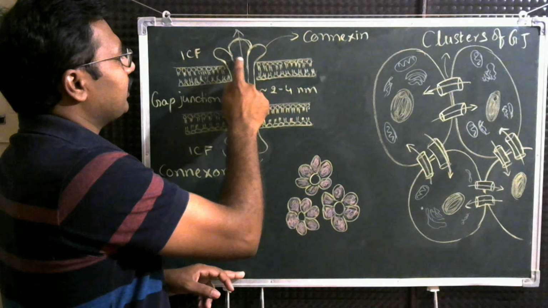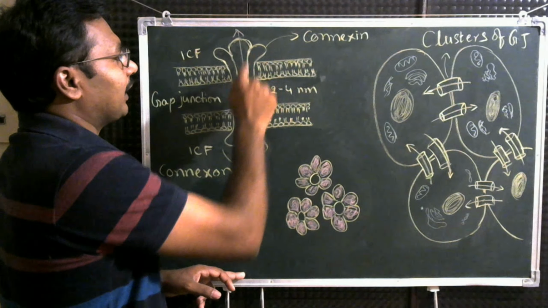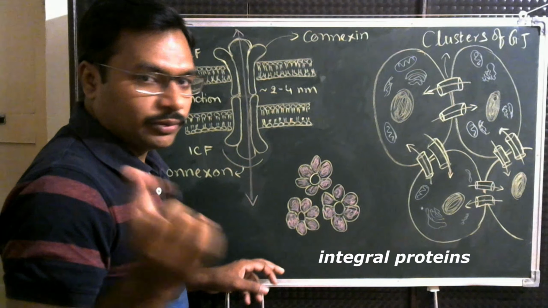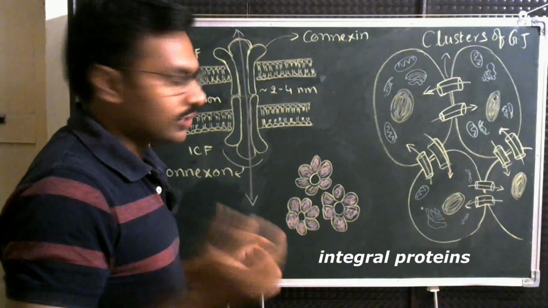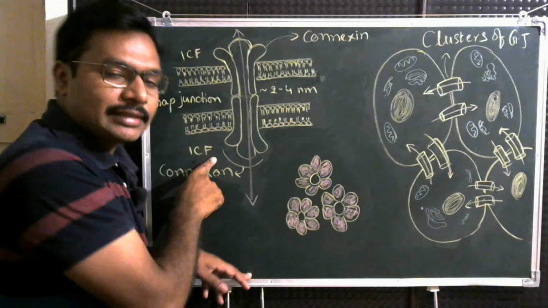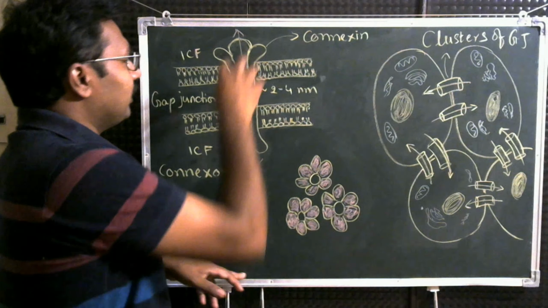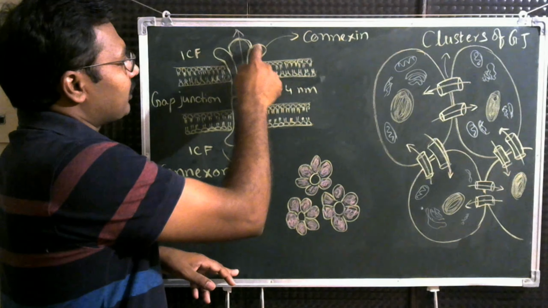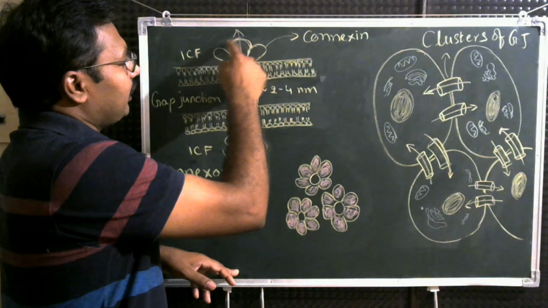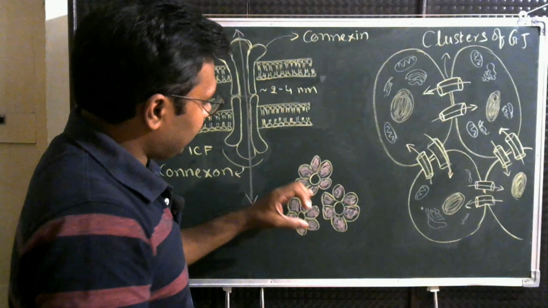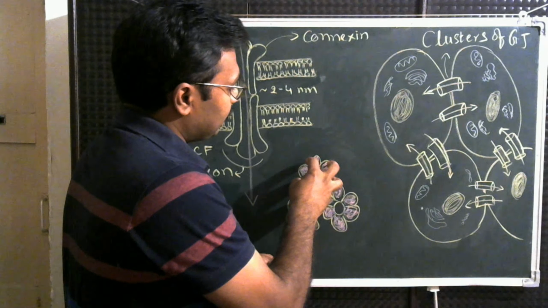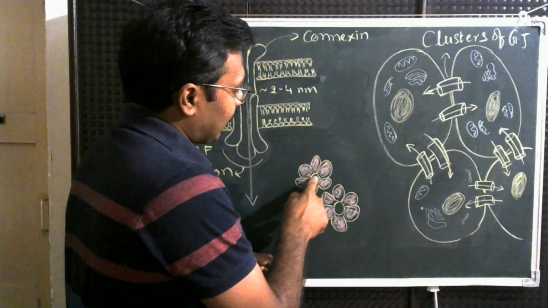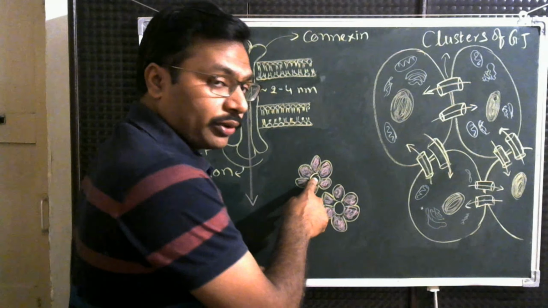So we have three connexins, integral proteins, deeply embedded in the cell membrane. This is the ICF of one cell, this is the ICF of another cell. These connexins unite, particularly six connexins unite together, forming a flower-like channel which has one pore in the center.